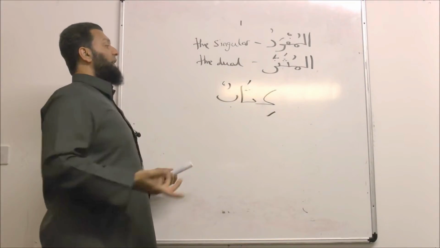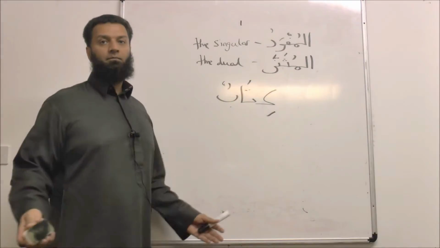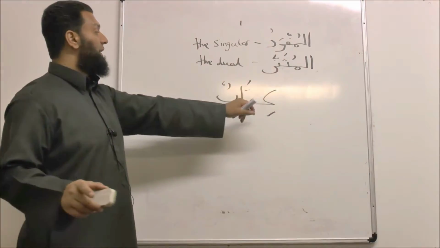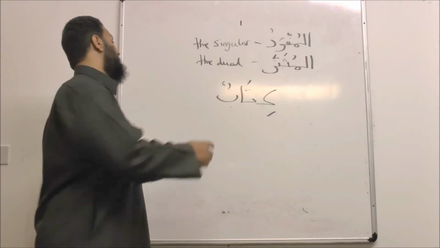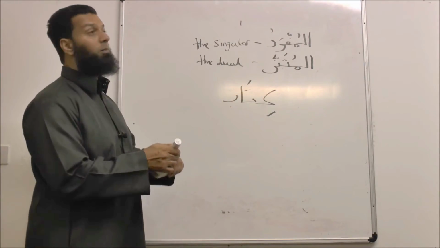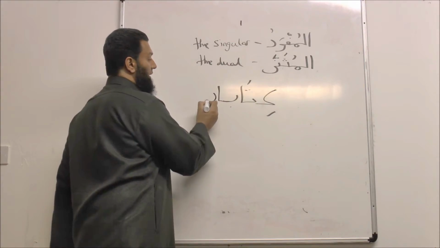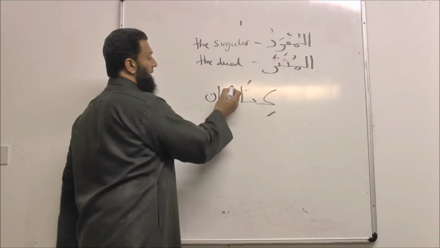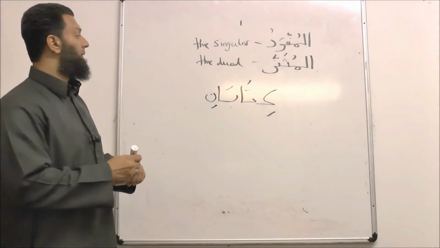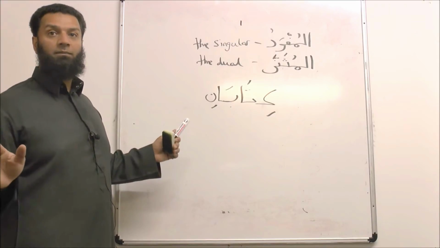We start off with the singular kitabun, right? To form al-muthanna, the dual of kitabun, we remove the tanweenu dammin, and we place an alif and a noon: kitabani. Okay? Kitabani. That is the dual.